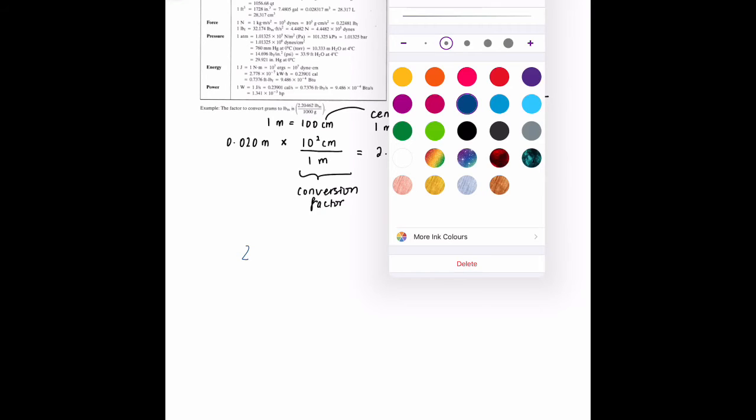Another example would be to convert 23. So this is my example 1.